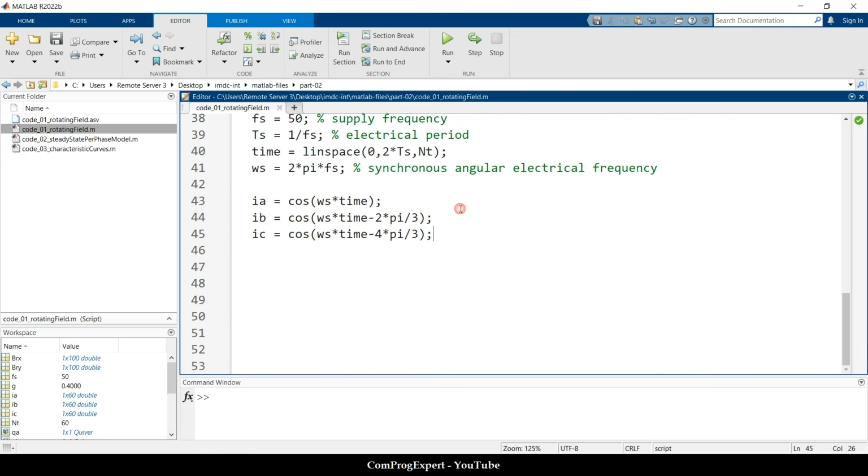So if I generate a new figure, I just want to visualize the value of the currents.